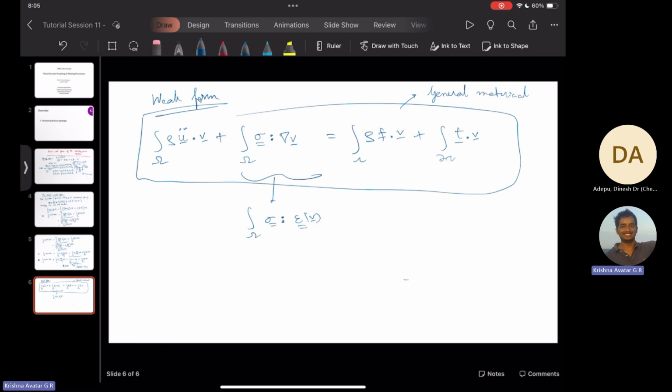It's just because then we are using our linearized virtual strain tensor, as we call it, because the argument to epsilon is a v vector, and v vector is our variational function, right? Because of which it's called the virtual strain tensor, virtual linearized, or a better word you'll find in literature, it's also known as the Cauchy strain tensor.